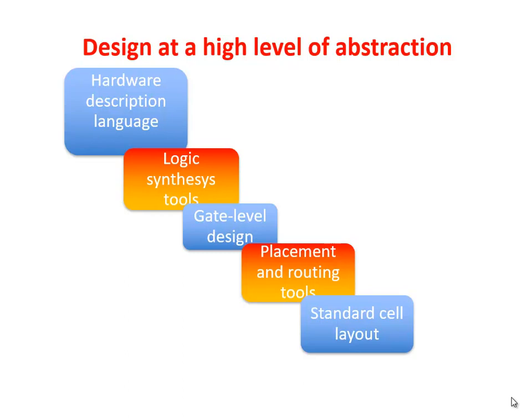From a standard cell layout, one automatically has the layout that can go to the foundry. So this is the sequence. Of course, one can directly do the standard cell layout by hand, or do a design at the gate level by hand and then use the placement and routing tools to accelerate the definition of the layout, or can go to the design in terms of a hardware description language and then use these semi-automatic tools.